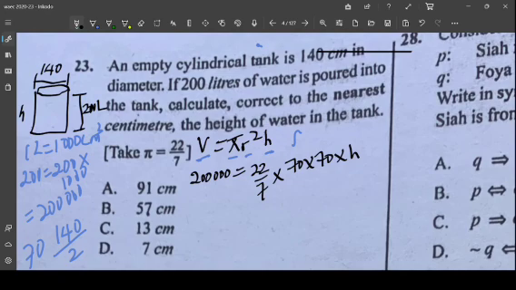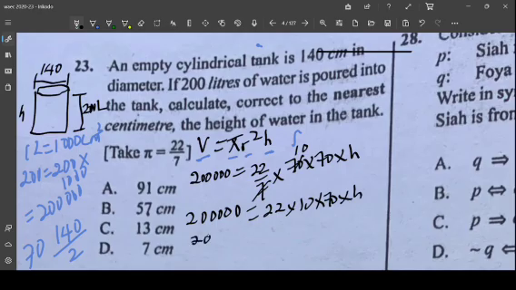So it's as simple as that. We can cancel this 7 here against one of these 70s and you're left with 10. So you have 200,000 is equals to 22 times 10 times 70 times height. So I can simply punch in my calculator: when you punch 22 times 10 times 70, you are going to have 15,400 height.